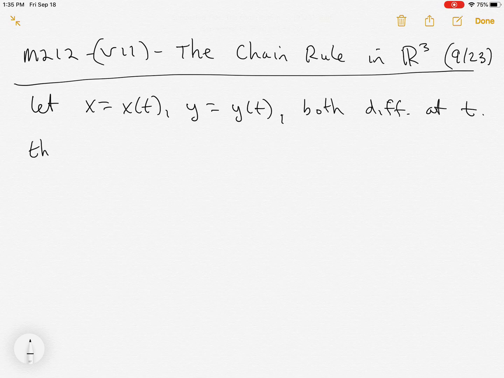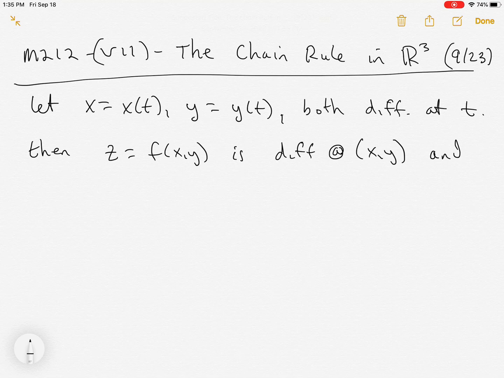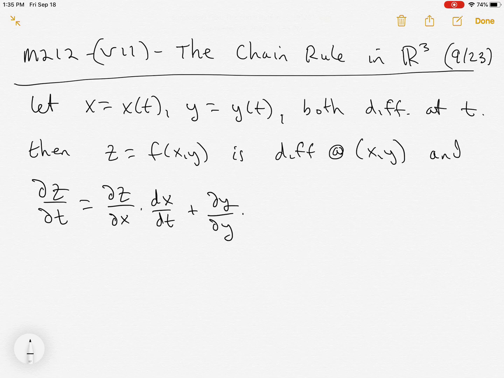Then the function z equals f of xy is differentiable at some point xy, and the derivative with respect to t of z is dz dx partial times dx dt regular plus dz dy partial times dy dt regular.